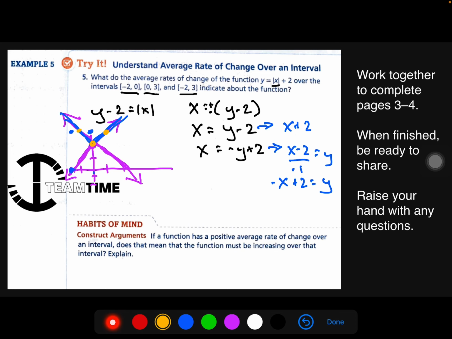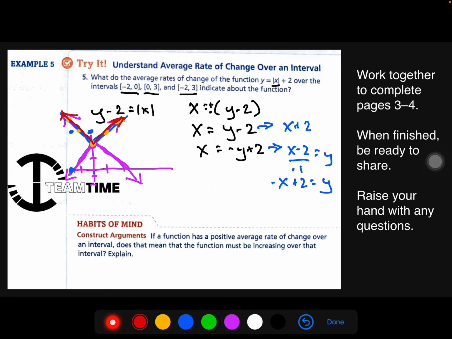Absolute value of negative 1 is 1, plus 2 is 3. We're going to move over here 1, move over here 1. Absolute value of 2 is 2. Absolute value of 2 plus 2 is 4. Same over here, absolute value of negative 2 is 2, plus 2 is 4. And so indeed, this is our absolute value function here. They look like v's, or upside down v's.